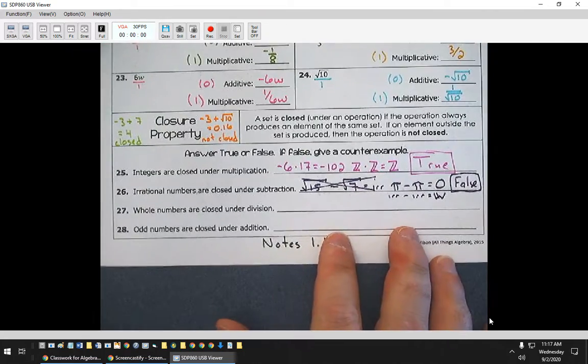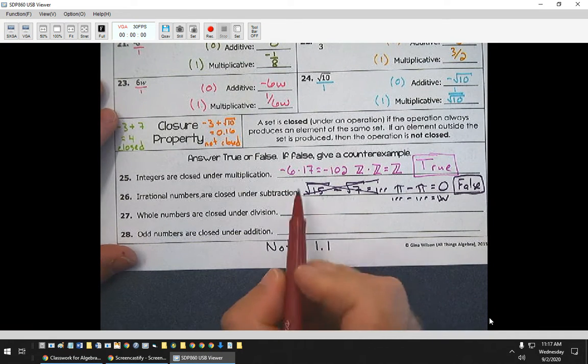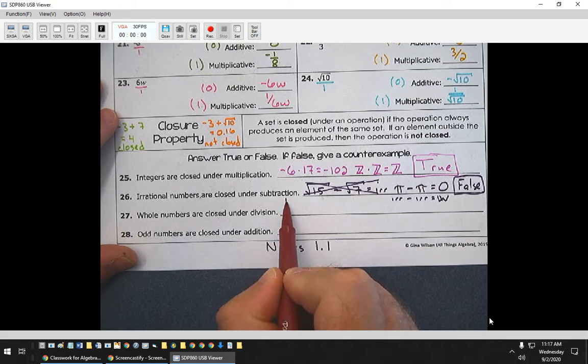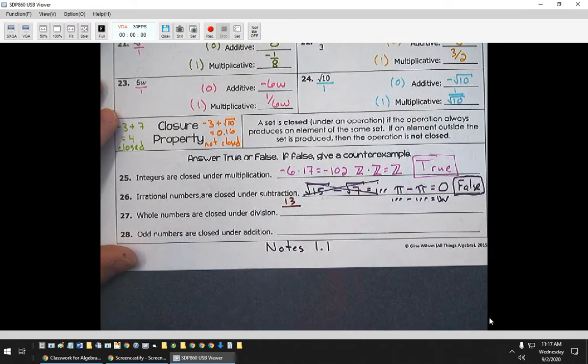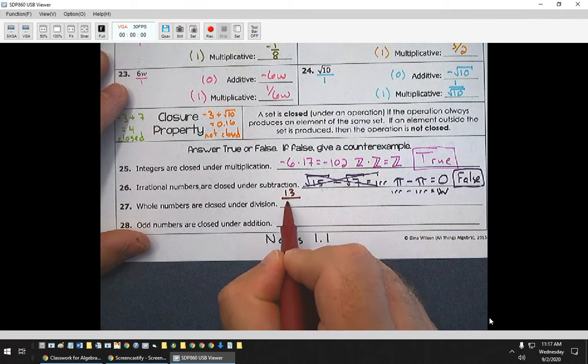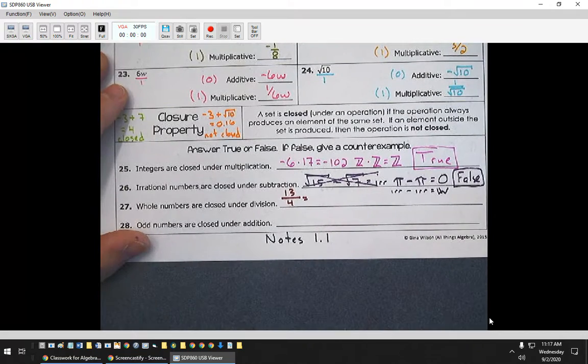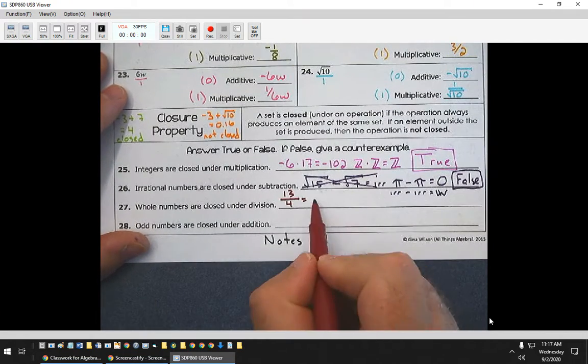Whole numbers are closed under division. So if I take any whole number and I divide it by another whole number, I'll get another whole number. So let's just randomly pick a whole number. Let's take the number 13. Let's take another whole number, 4. 13 divided by 4, I'll grab my calc. 13 divided by 4 is 3.25.